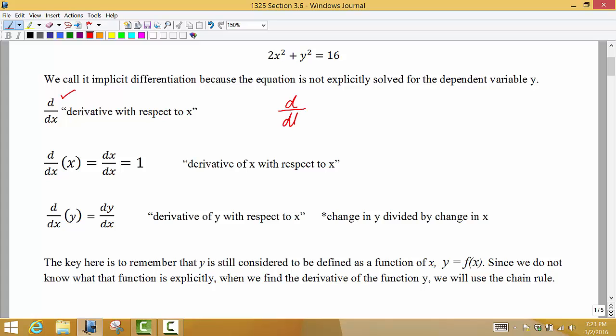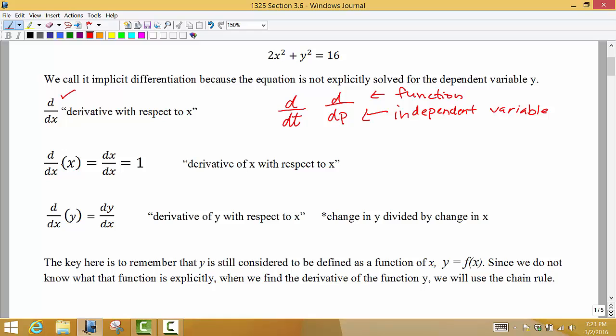It could be that we're taking the derivative with respect to time, so that would be d dt, or with respect to price, or anything else. Remember that the bottom represents whatever independent variable you're working with, and the top represents whatever you are taking the derivative of, whatever the dependent variable is for that equation.